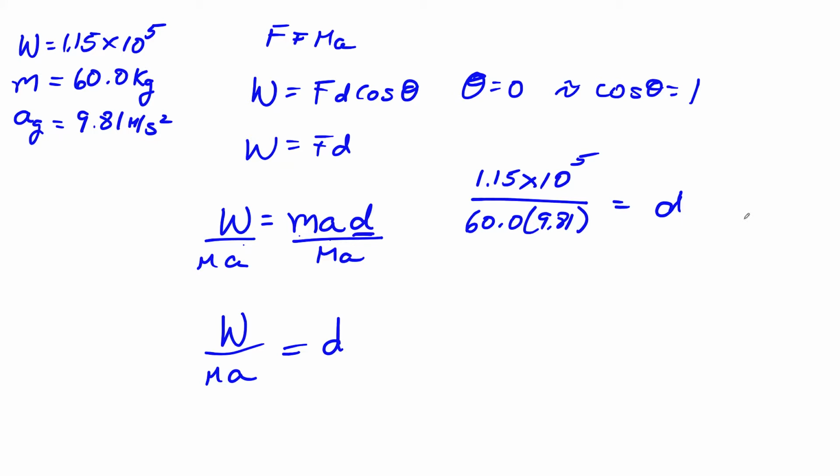If we do the calculation, 1.15 times 10 to the 5th divided by the quantity 60 times 9.81, we get a distance equal to 195 meters. I'm going to keep it to 3 digits only.